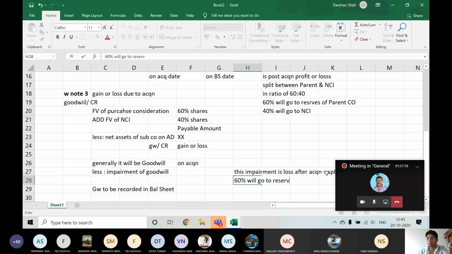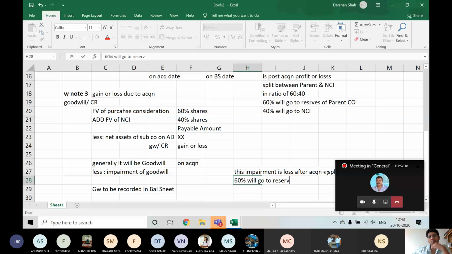So this loss will be split between 60% and 40%. 60% will be adjusted in reserves of parent company. लॉस है तो डिडक्ट करेंगे, जस्ट लाइक डेप्रिसिएशन. डेप्रिसिएशन के दो इफेक्ट क्या हैं? फर्स्ट इफेक्ट इज डिडक्ट फ्रॉम असेट एंड सेकंड इफेक्ट इज पुट इट इन P&L अकाउंट. करेक्ट. सो वैसे ही किया ना अपन ने, 5,000 का लॉस डिडक्ट किया. ये 5,000 का लॉस कहां पे डालेंगे? 60% ऑफ दैट 5,000 विल गो टू रिजर्व्स ऑफ पेरेंट कंपनी, और 40% डिडक्ट करेंगे एनसीआई से.